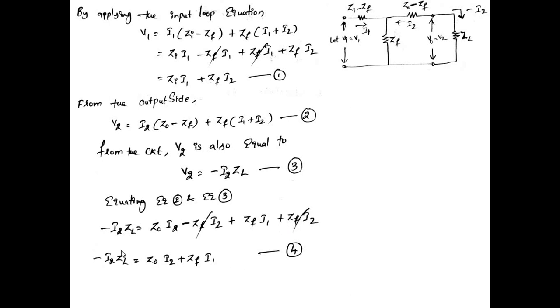Minus I2 into Zl is equal to Z0 into I2 plus Zf into I1. Simplifying, Zf into I1 is equal to minus I2 into Zl minus Z0 into I2. Taking I2 common on the right side, Zf into I1 is equal to minus I2 of Z0 plus Zl.